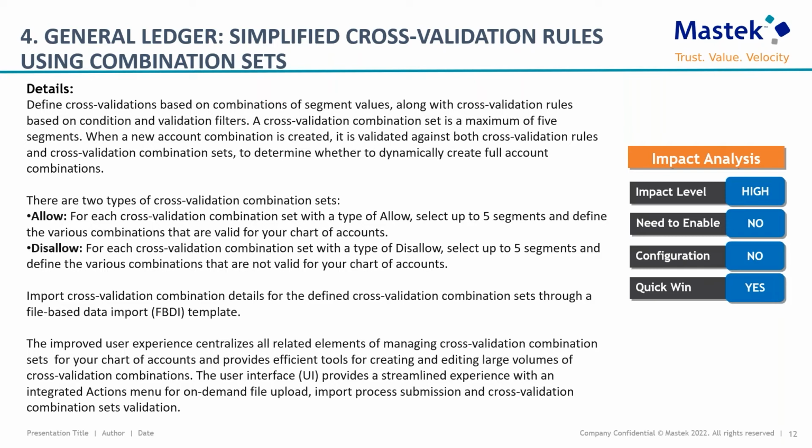So if the accounting combination that is being created is in the disallowed set, the system will not allow that accounting combination to be created. So that's how this will work. Also, this will work in conjunction with the cross-validation condition. So it's not either or. Both the cross-validation condition and the cross-validation combination set can work together.